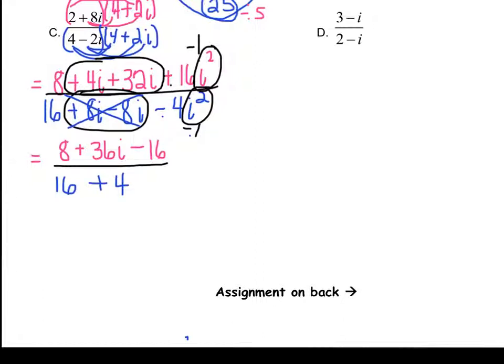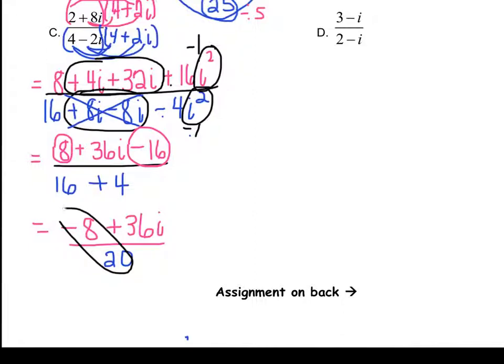So now let's keep going and combine like terms. 8 minus 16, that's going to be negative 8, plus the 36I. And on bottom, 16 plus 4 is 20. The final step is to divide the negative 8 by 20 and simplify it.